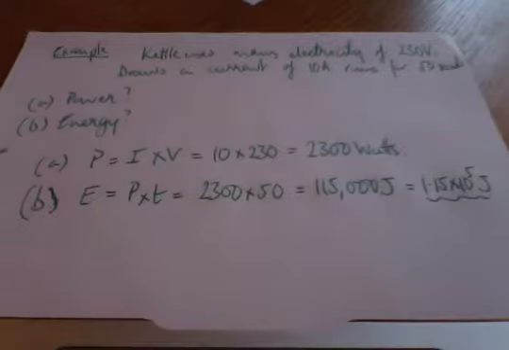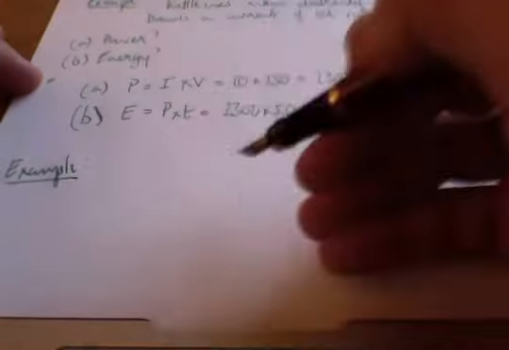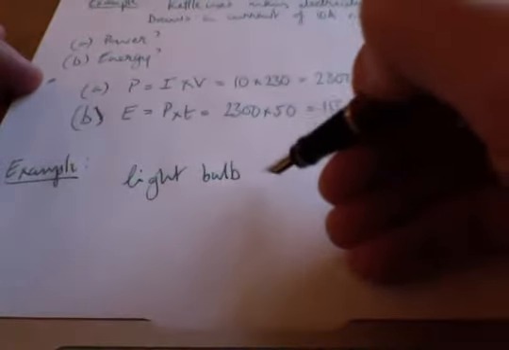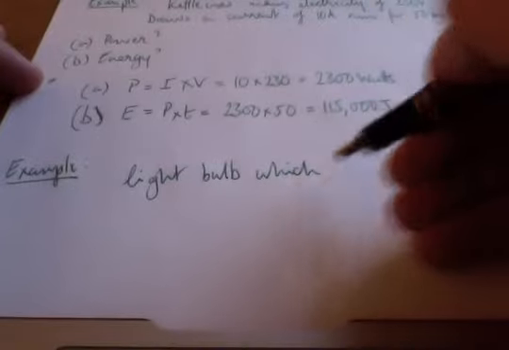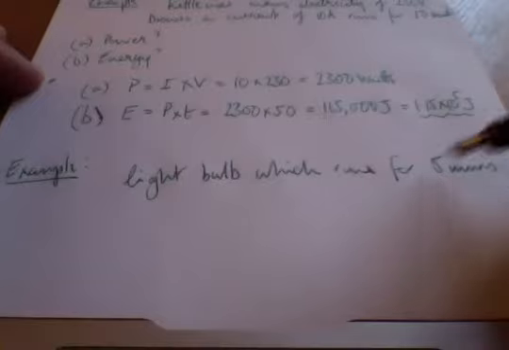Superb. Okay then, let's give another example and just see how we get on. This is the last example. Okay, we have a light bulb, which runs for 5 minutes.